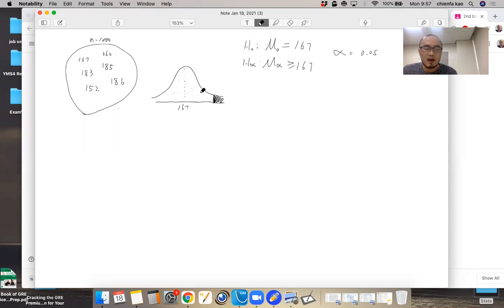Okay. However, it is possible that we select a sample, we pick this person, we pick this person, we pick this person randomly, and then that ends up having an average value of something that is over here within this area. But it's an accident, because it is true that the null hypothesis is true. It is 167.